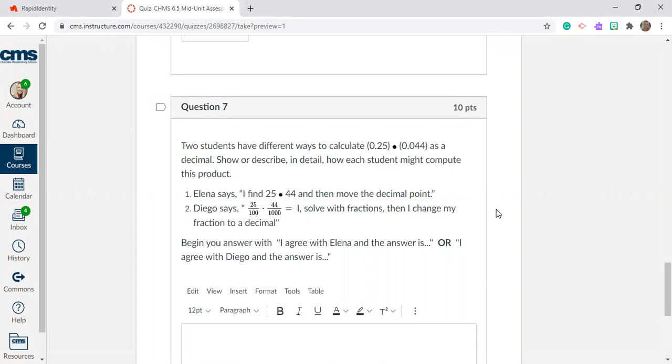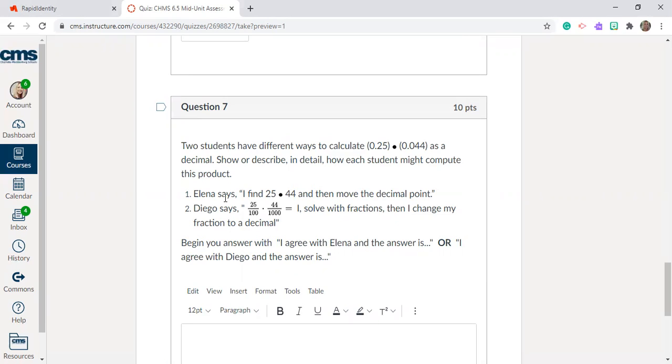Question 7. 2 students have different ways to calculate 25 hundredths times 44 thousandths as a decimal. Show or describe in detail how each student might compute this product. Elena says, I find 25 times 44 and then move the decimal point.